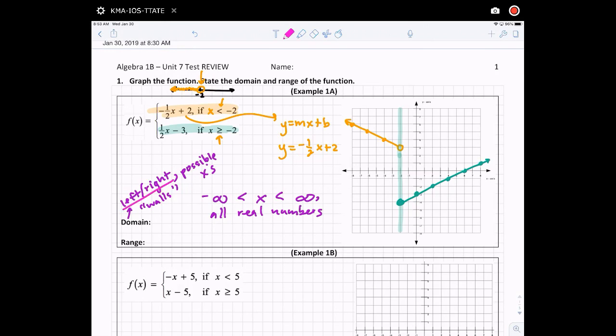Left or right for domain. I think it's more natural to say up and down, but I want to think down and up, just so it matches, because we always do the lower part first. What about for this part, what would I say? Possible y values.